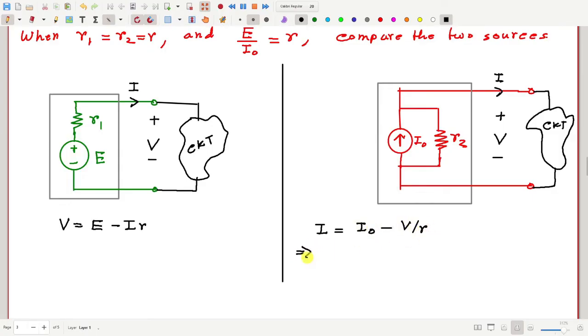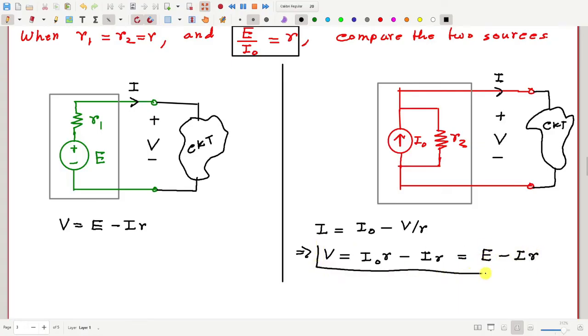So from this we can write V is equal to I naught R minus IR. And since E by I naught is R, here we have chosen this relationship, so that means V is equal to E minus IR.